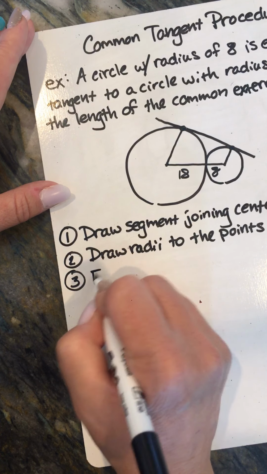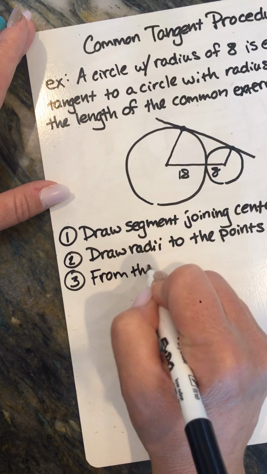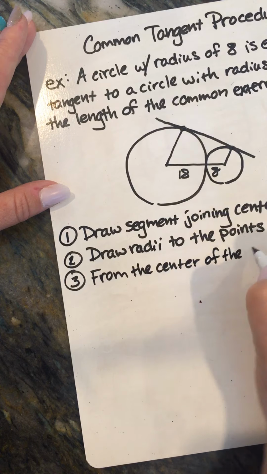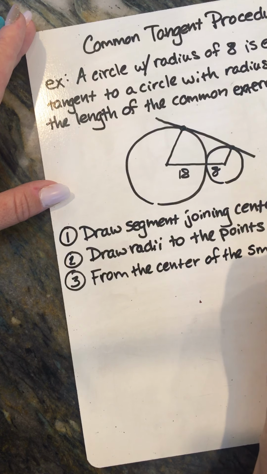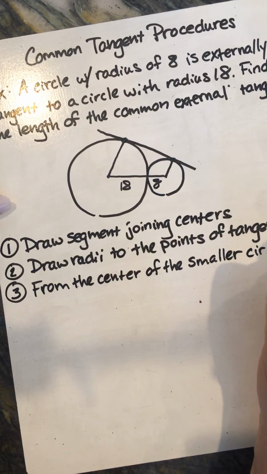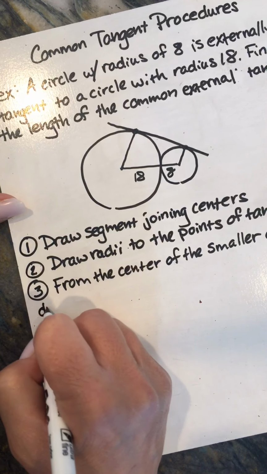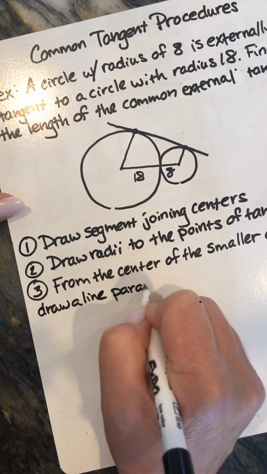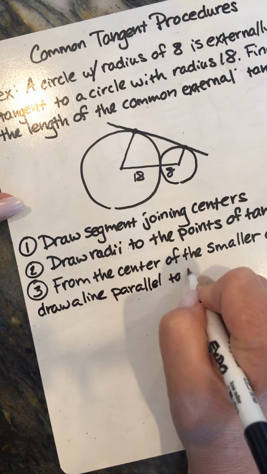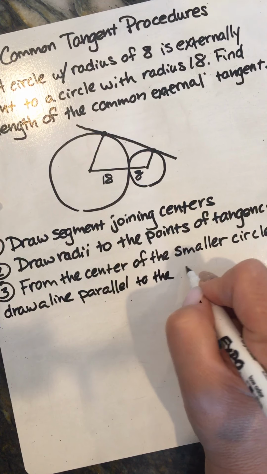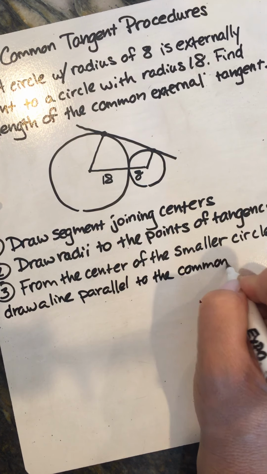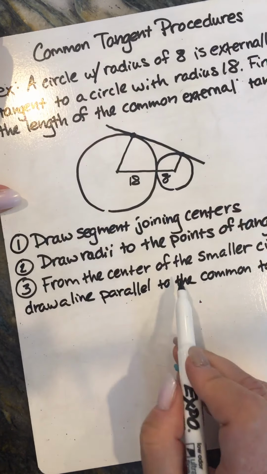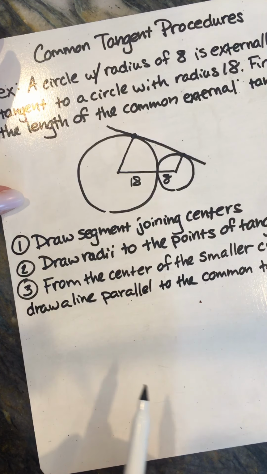From the center of the smaller circle, draw a line parallel to the common tangent.